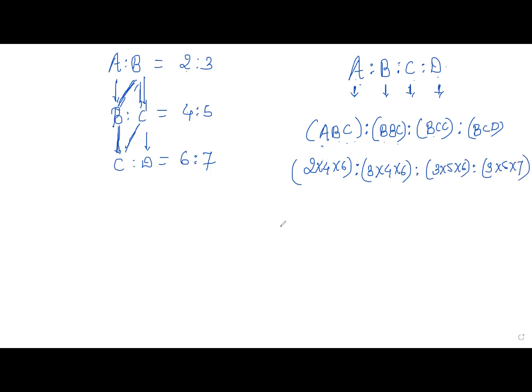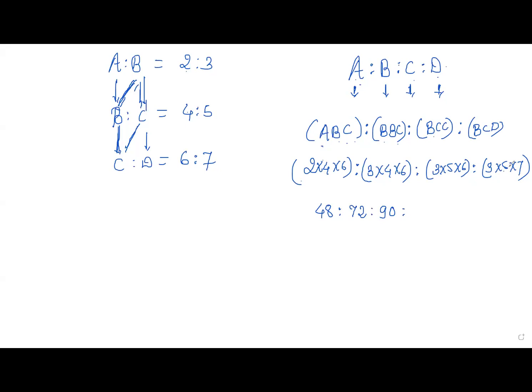So calculating this, 2 into 4 into 6, how much? 48, na? Look at this next. 3 into 4 into 6, 72. Then 3 into 5 into 6, 90.